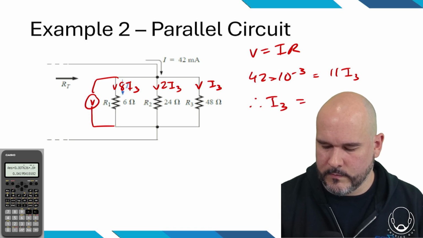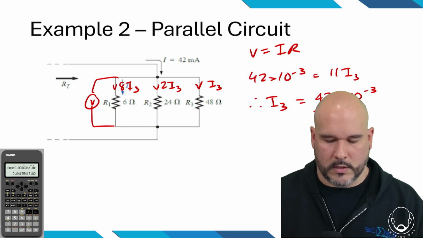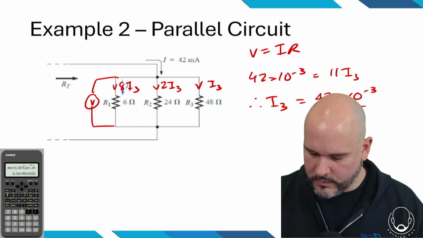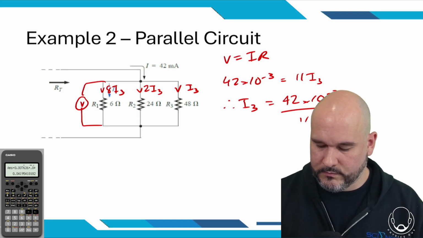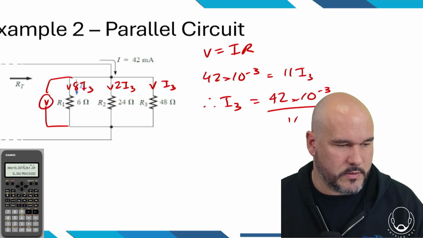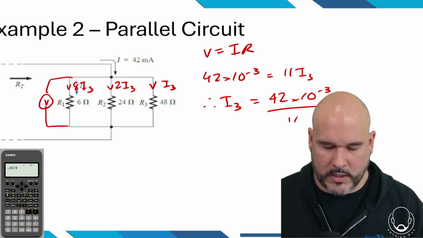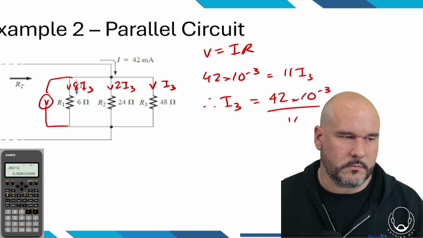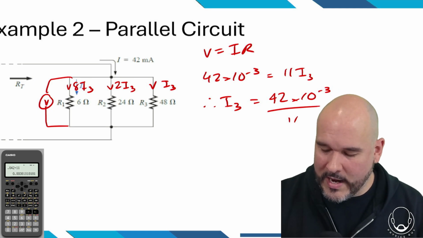Therefore, I3 is 42 times 10 to the minus 3 over 11. Now, hopefully that marries up with the value. What do we get? 0.003818. Yeah, it is going to be correct. 0.042, that's my 42 milliamps, divided by 11. Lo and behold. Now, that is way quicker, right? Way quicker.